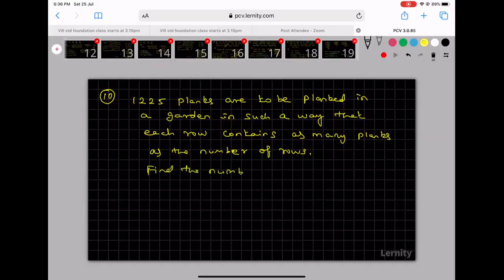Find the number of plants in each row. This is the problem they are given. So we are just going to find the square root of that number. This is the concept. I will give the answer for this.